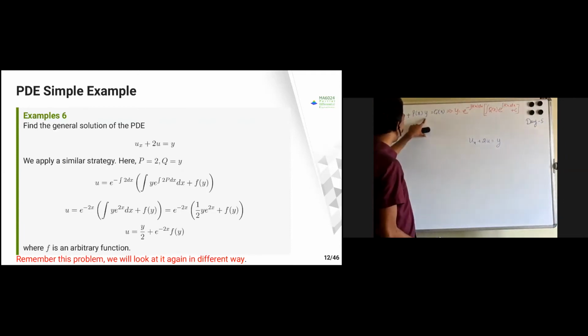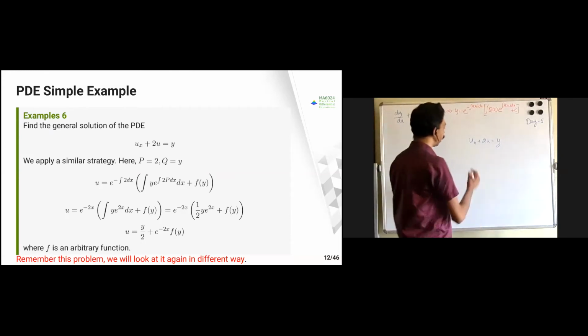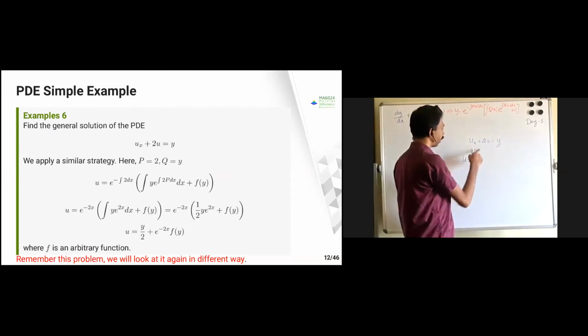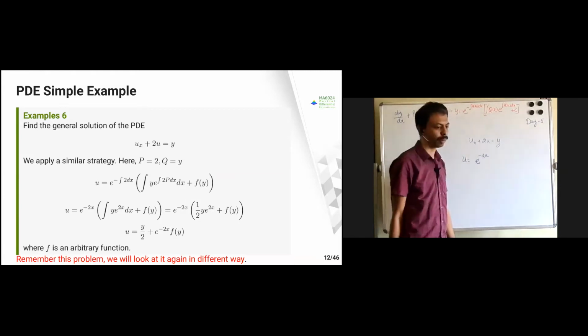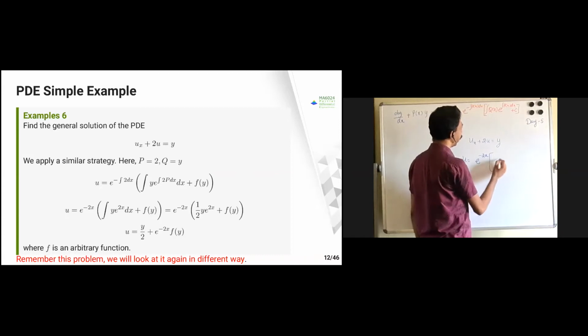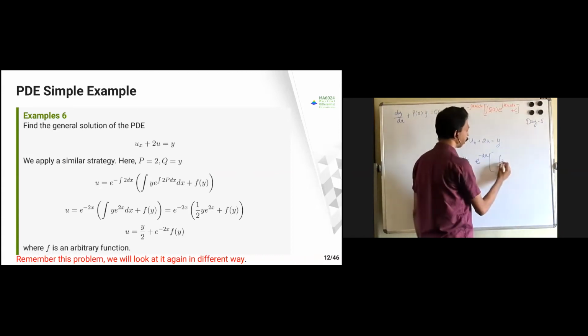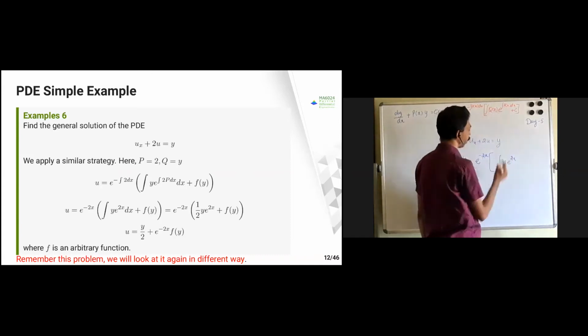Instead of y, I have u. p of x is 2 and q of x is y. So I can write u equal to, in the same way, e power minus 2x times the integral of q of x, which is y, into e power 2x, because the integral of p of x dx is 2x.